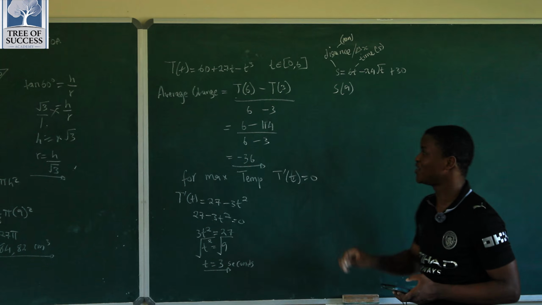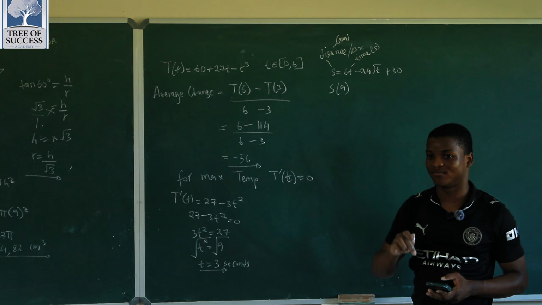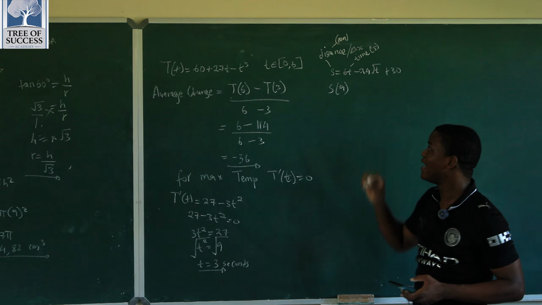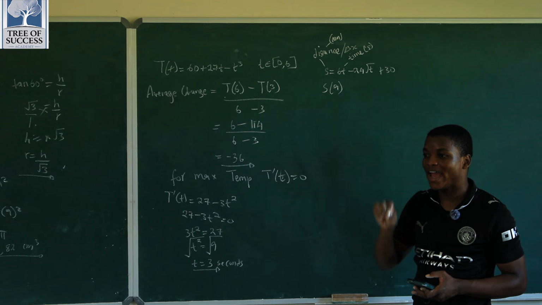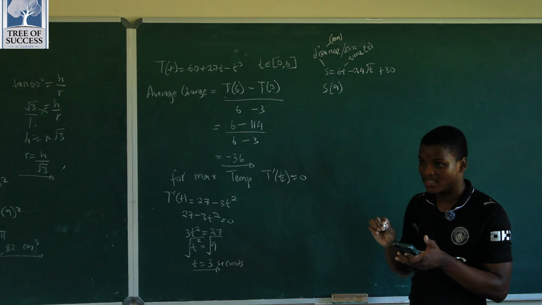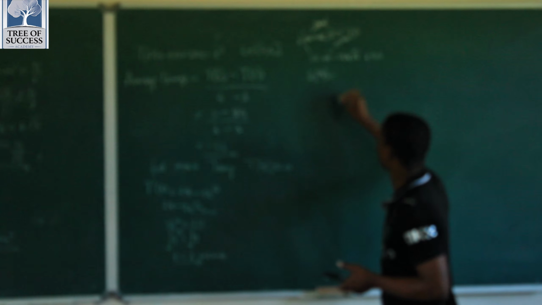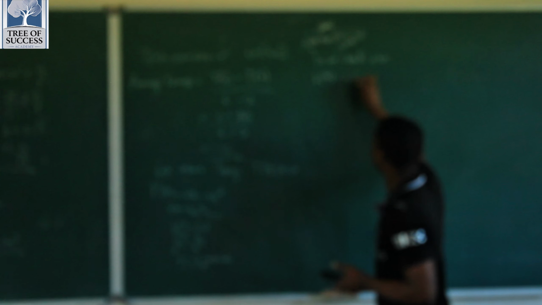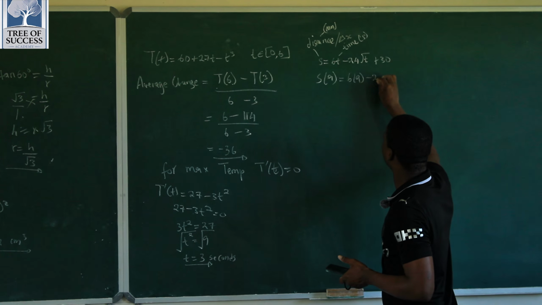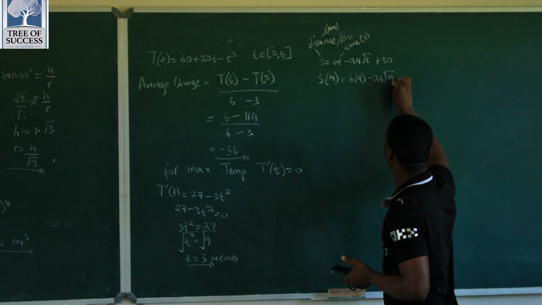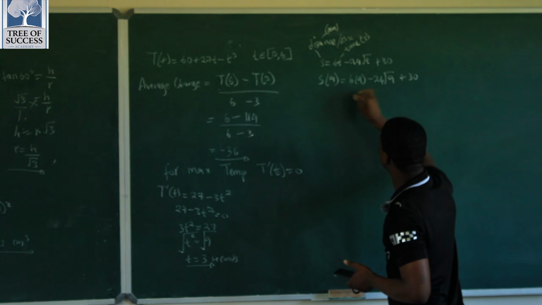So you just substitute 9 where there is t. We want the distance after 9 seconds from point P. Okay, so let us substitute here: 6 times 9 minus 24 root 9 plus 30.